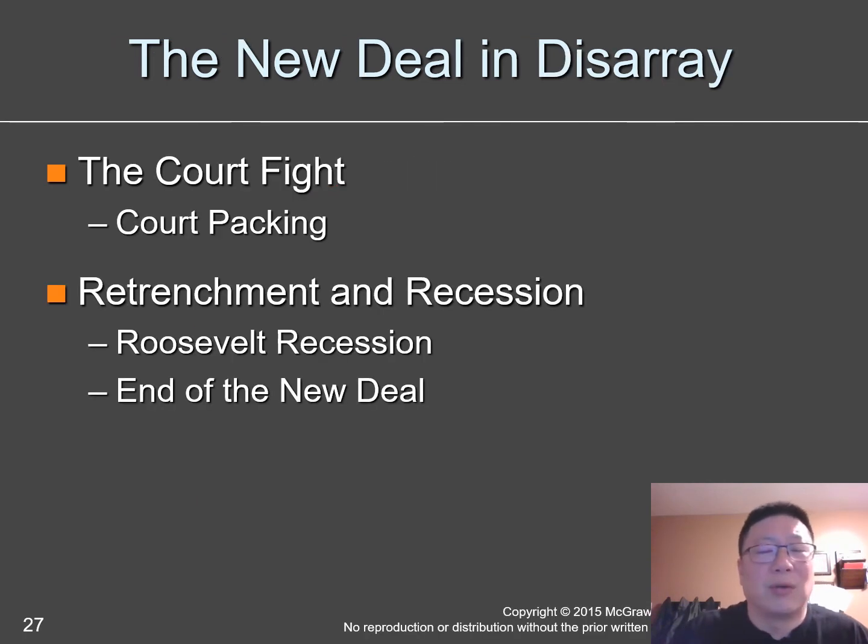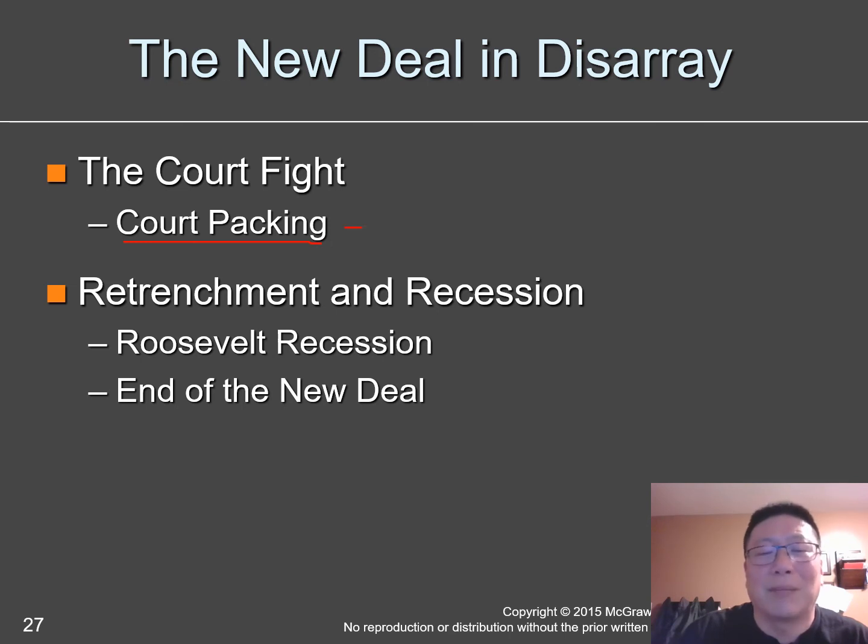Okay, one of Roosevelt's missteps. The Supreme Court had struck down the AAA as well as the NRA. And Roosevelt, under the guise of trying to help the court, the nine old men it's called, proposes a plan where for every member that is over the age of 70, he will appoint another Supreme Court justice. That plan is rejected by both Democrats and Republicans.